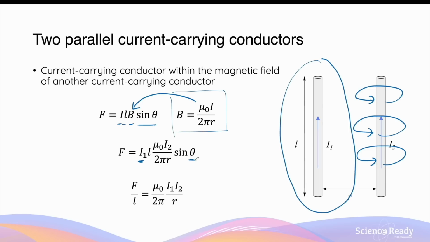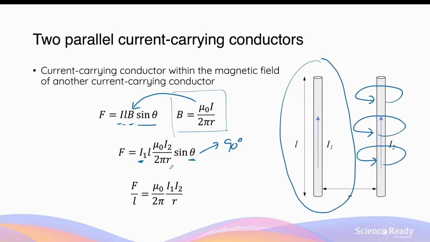The angle theta here refers to the angle between the current direction in conductor 1 and the direction of the magnetic field. Because the magnetic field around conductor 2 is always radial, the angle between the current and the magnetic field direction should always be perpendicular, which means theta should be 90 degrees, and sine 90 will be 1.